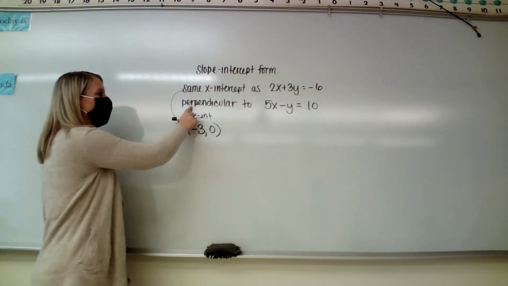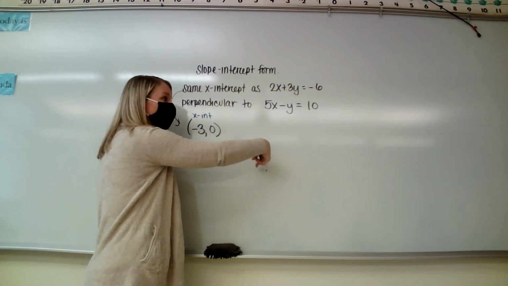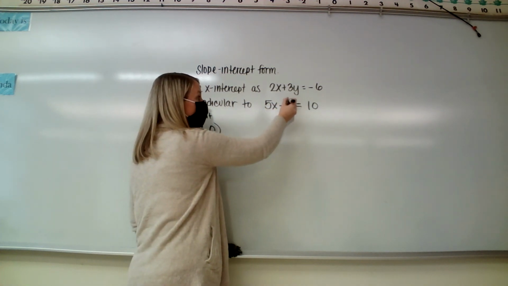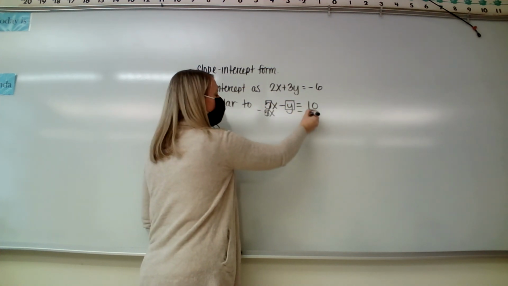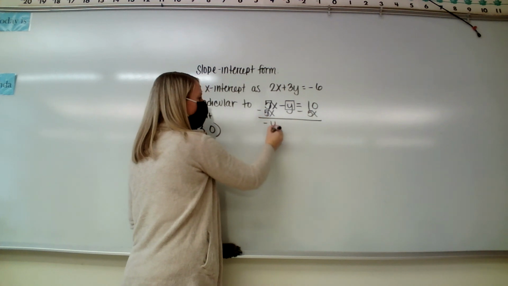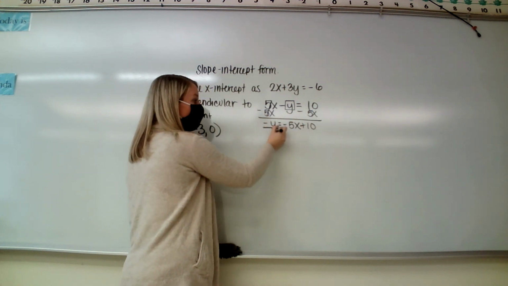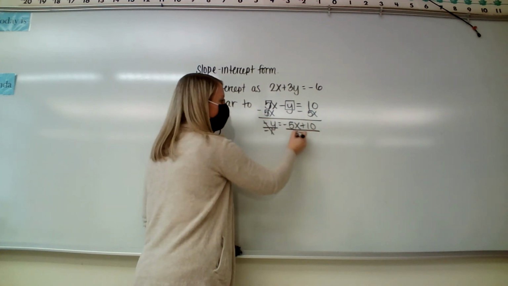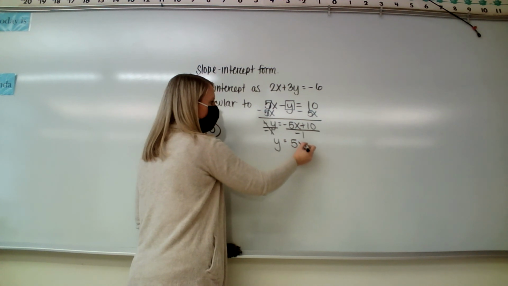Then I say it's perpendicular to this line, so I need to find the slope of this line so I can know the perpendicular slope. You might have to move stuff around. I'm gonna subtract 5x: -y equals -5x plus 10. You would have to divide by -1 to get rid of that negative sign, and y comes out to 5x minus 1.